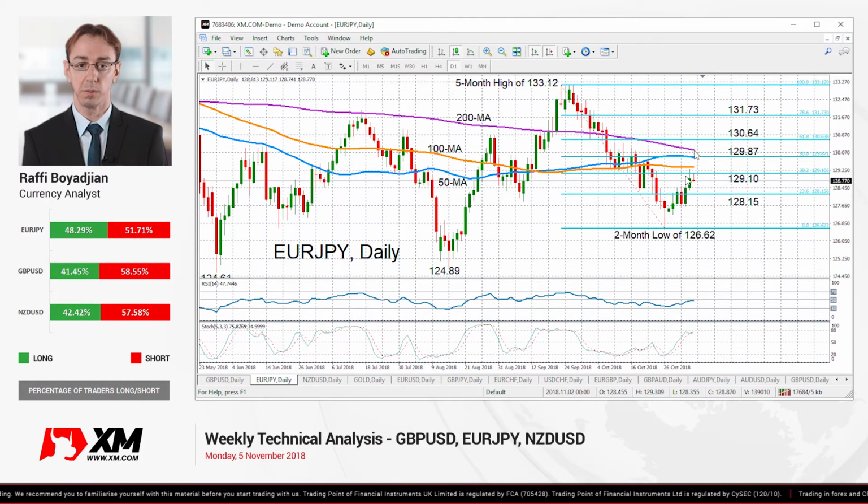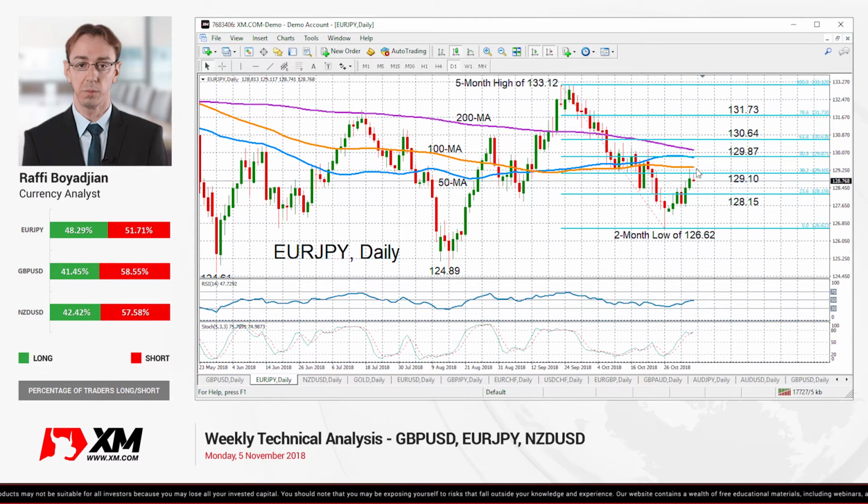That would help shift the near-term bias to a bullish one, and then we could see euro yen heading towards the 61.8% Fibonacci at 130.64 before being able to head towards that 5-month high of 133.12 we saw back in September, and then that could signal a shift to a bullish outlook in the medium term.